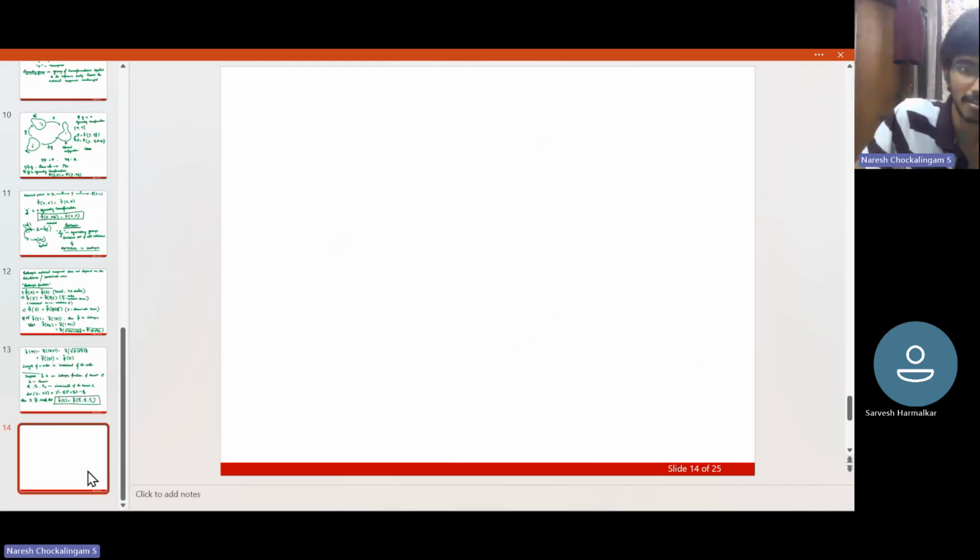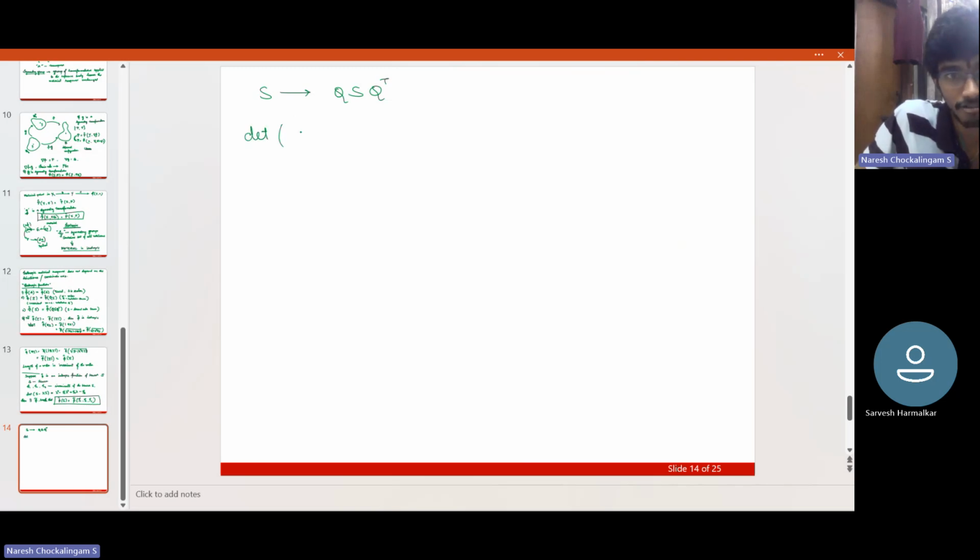Suppose we apply a transformation, S becomes Q S Q transpose. So we are applying a rotation onto the tensor S. The rotation of a tensor acts according to Q S Q transpose, which is the transformation rule for a tensor. Now let us look at the characteristic polynomial of Q S Q transpose.